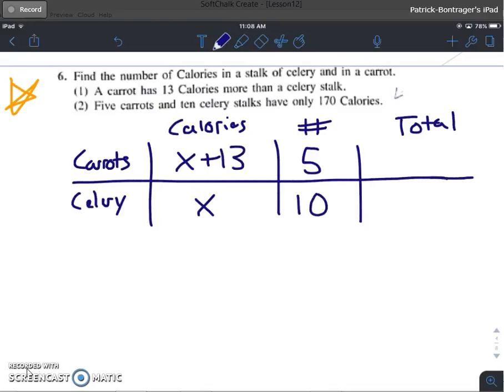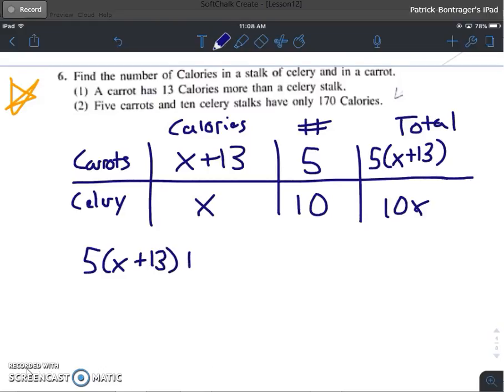Again, get that last column, multiply. I do not like to distribute yet, but you're more than welcome to distribute. Again, I'm adding them because it's the total calories I want as well. Distributive property.